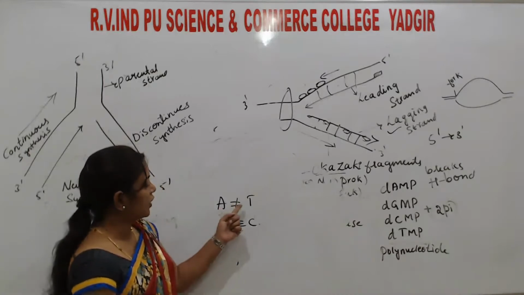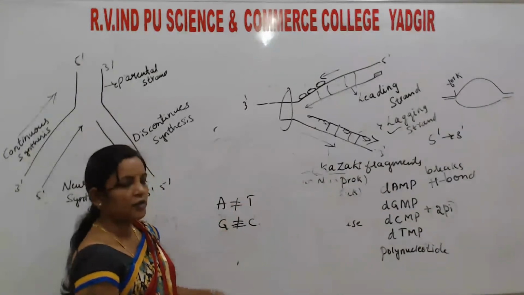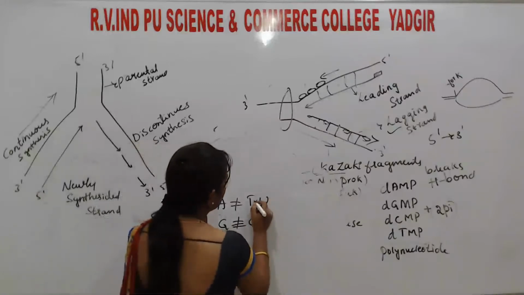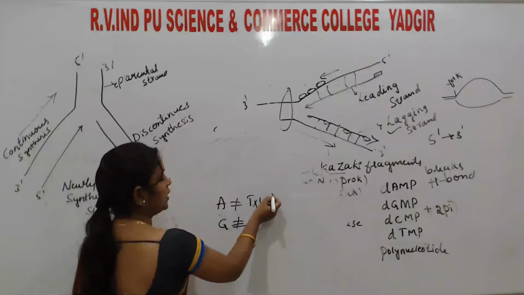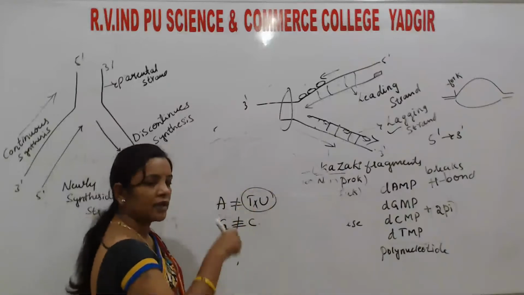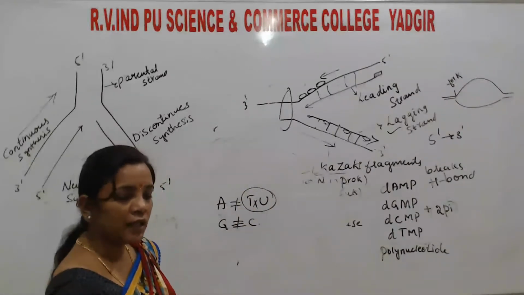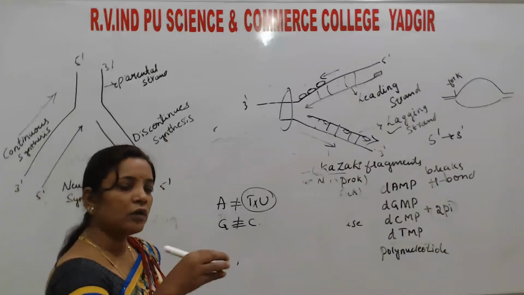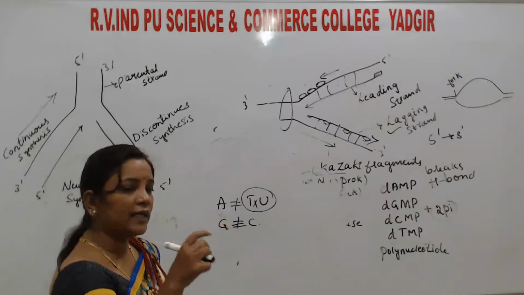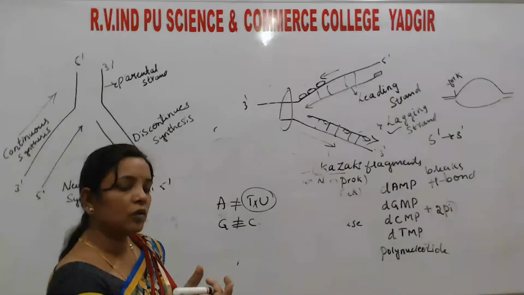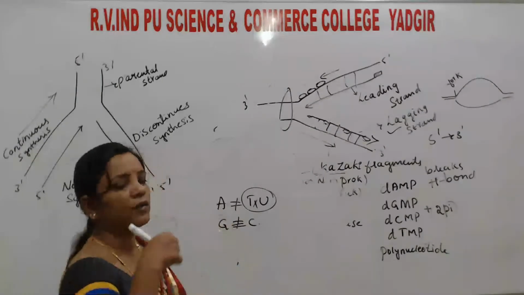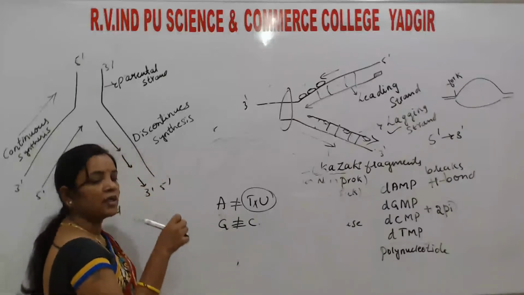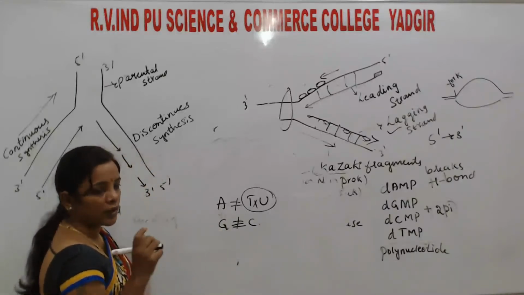If instead of T, A is paired with U, this becomes wrong. Such mistakes are rectified by DNA polymerase III and I, which not only identify the mistake but also replace the correct nucleotides, especially DNA polymerase I.